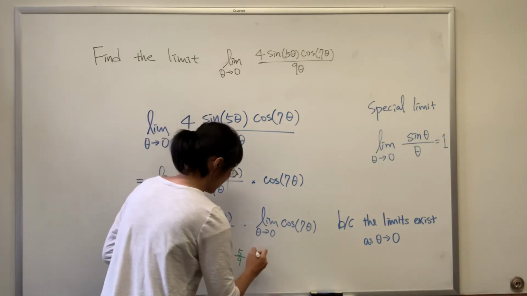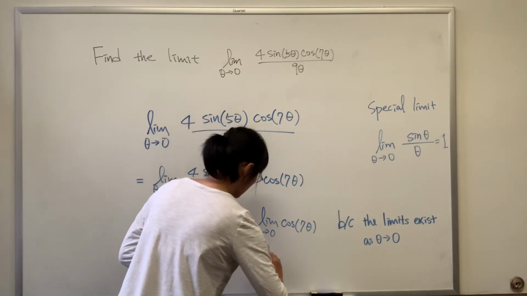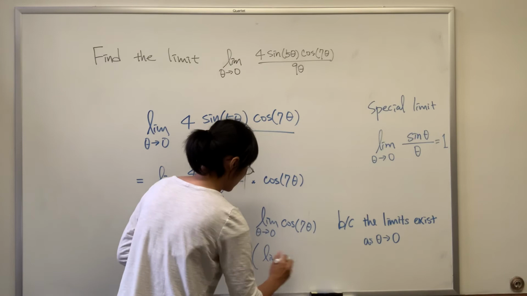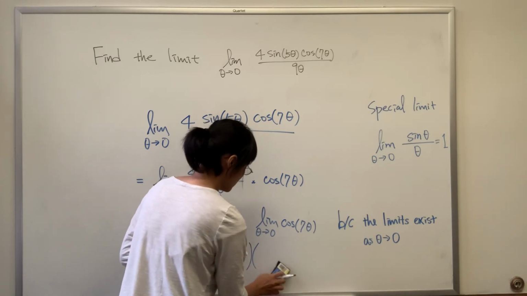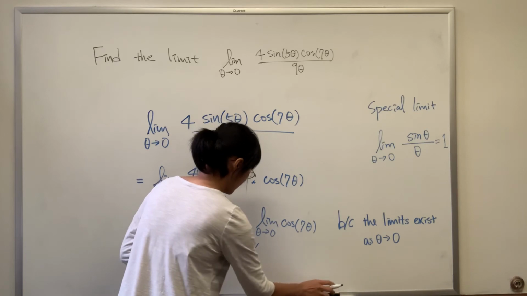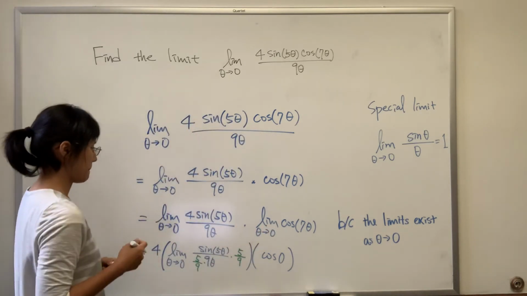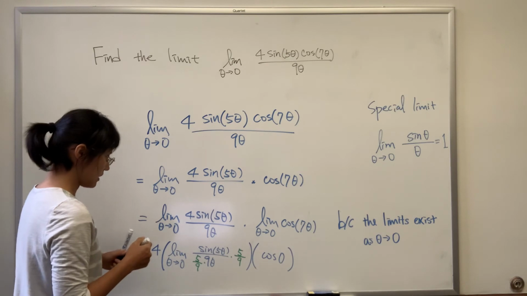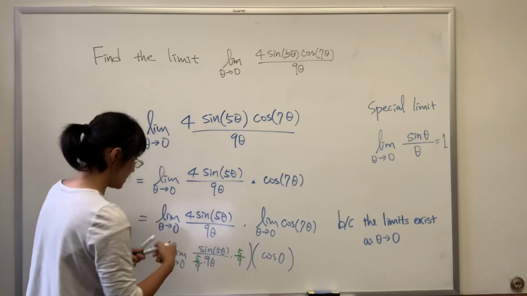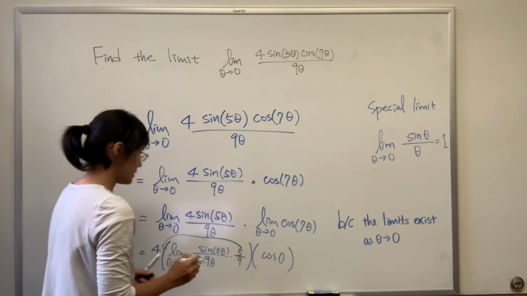And I have this as my first part, and the second part is this cosine of 0. Okay, just plug that in. Right, so then now let me bring the constant to the front.